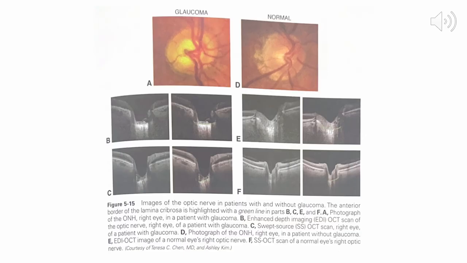The green lines highlight the anterior border of the lamina cribrosa across all scans, making it easier to appreciate the structural changes. Together, these images underscore how advanced imaging modalities like EDI and SSOCT allow us to visualize deep ONH structures, helping us detect and monitor glaucomatous damage more precisely.